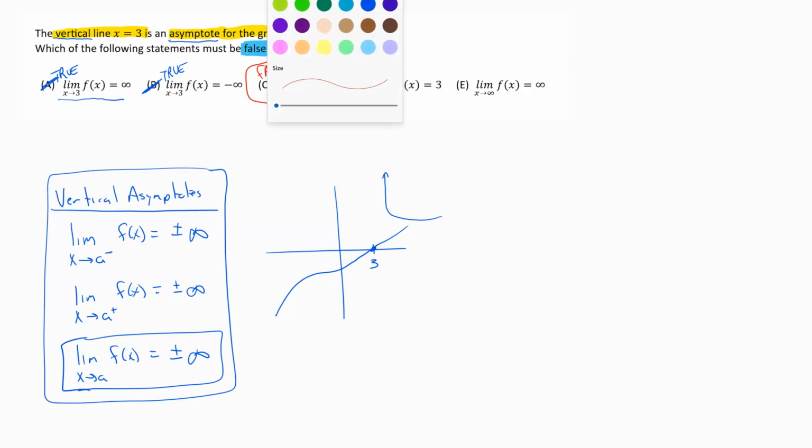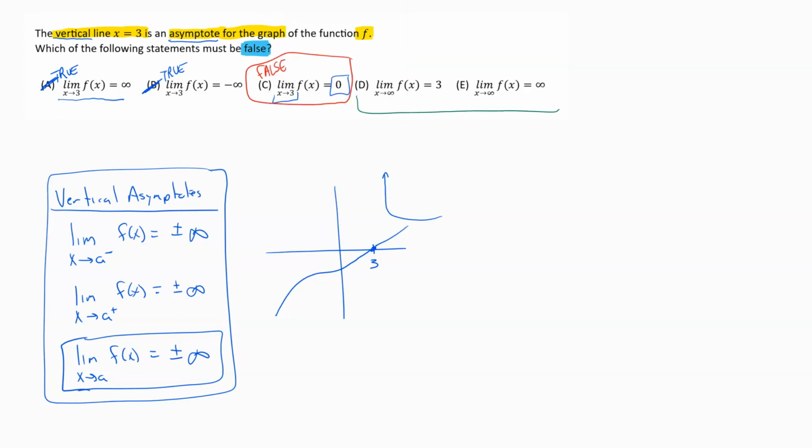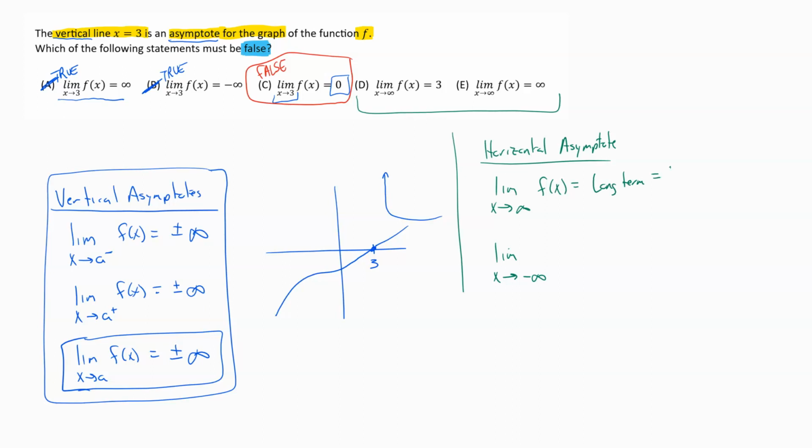As we look down at D and E, what those are actually talking to us about are horizontal asymptotes, or the long-term behavior of the graph. Whenever x is headed to infinity, or x is headed to negative infinity, that's when you're looking at what's called the long-term behavior. It's also what you would think of as a horizontal asymptote.